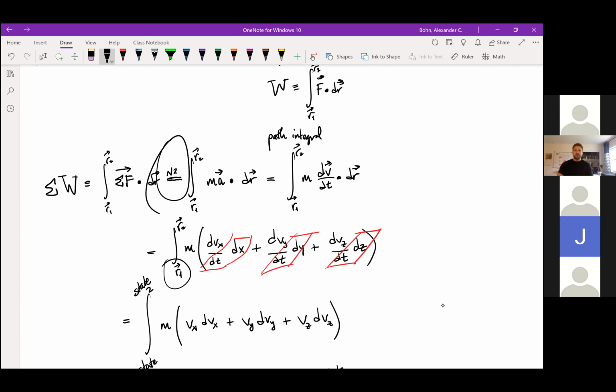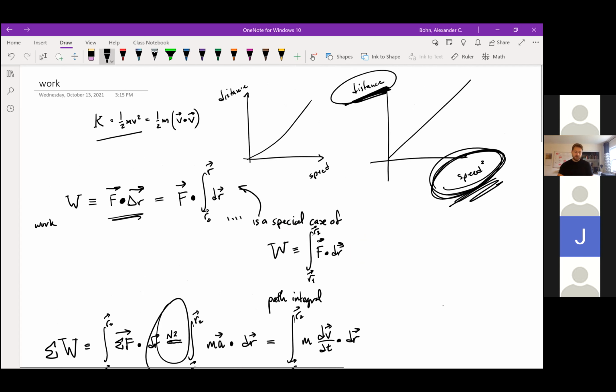We define work, we define kinetic energy. Oh, look, Newton's second law has told us that work and kinetic energy are related. Just like we expect them to be.